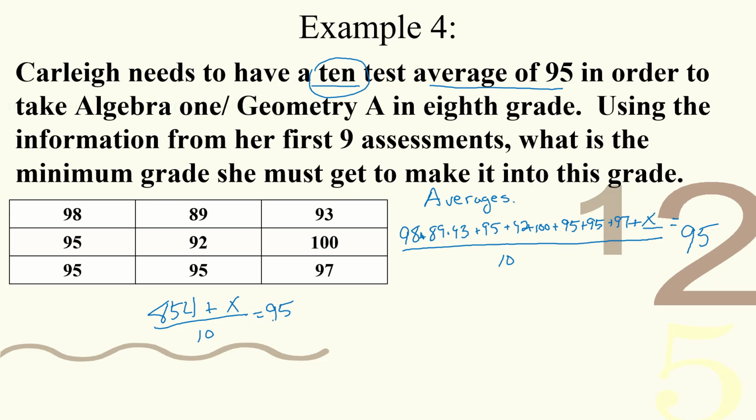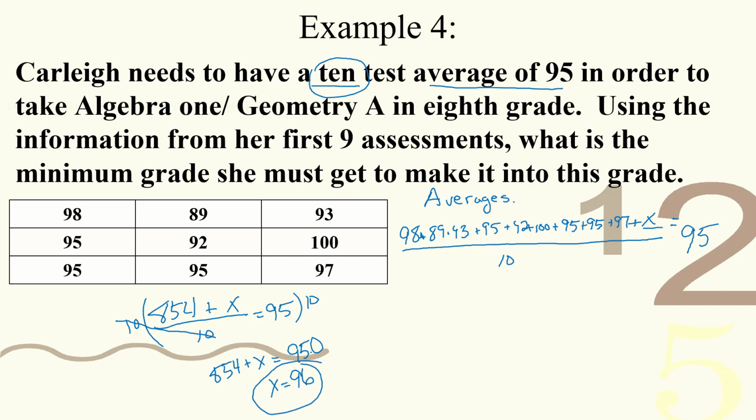We need to get the number out of the denominator, and in order to do that, we multiply both sides of the equation by 10. When I multiply the left side of the equation by 10, the 10s disappear, so 854 plus x is equal to 950. And now we're down to a one-step equation, and we simply need to subtract 854 from both sides. So x is equal to 96.